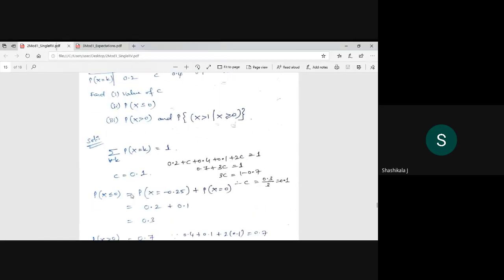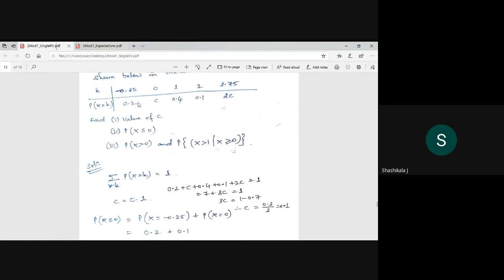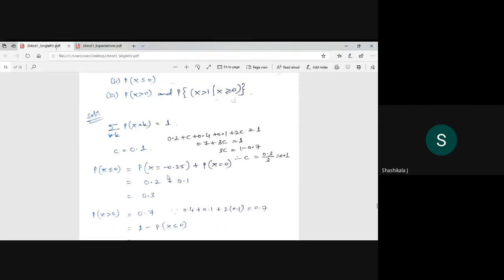So P of X less than or equal to 0 is equal to the probability of X equal to minus 0.25 plus the probability of X equal to 0. The probability of minus 0.25 is 0.25 and this is 0.1, so the total is 0.3.